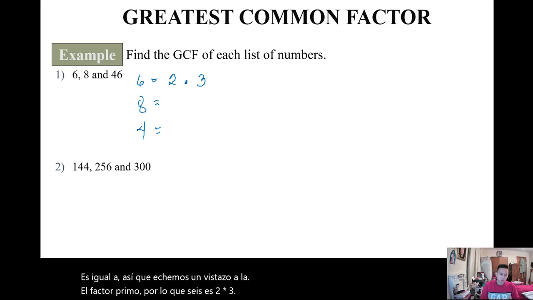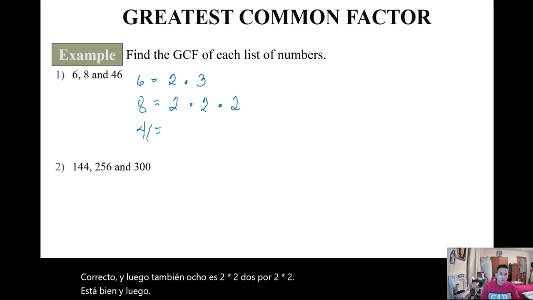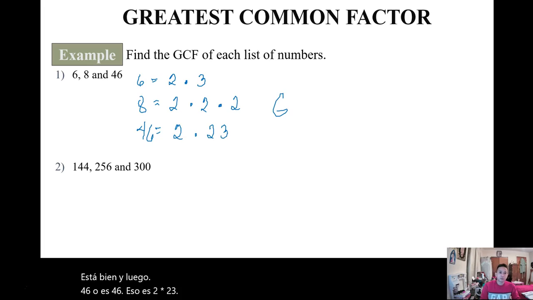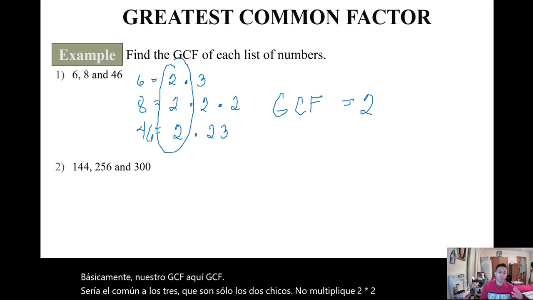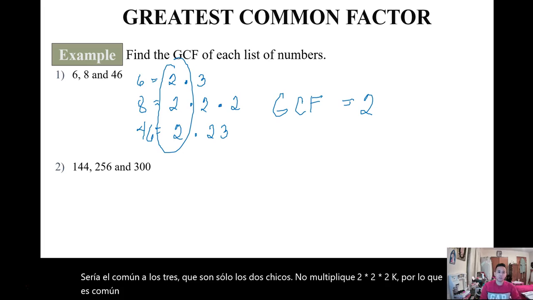And 8 is 2 times 2 times 2. And 46, sorry, that's 2 times 23. Basically, our GCF here would be the factor common to the 3, which is just the 2. Guys, do not multiply 2 times 2 times 2, okay? It has to be common to 6, 8, and 46. So that's the common mistake there.